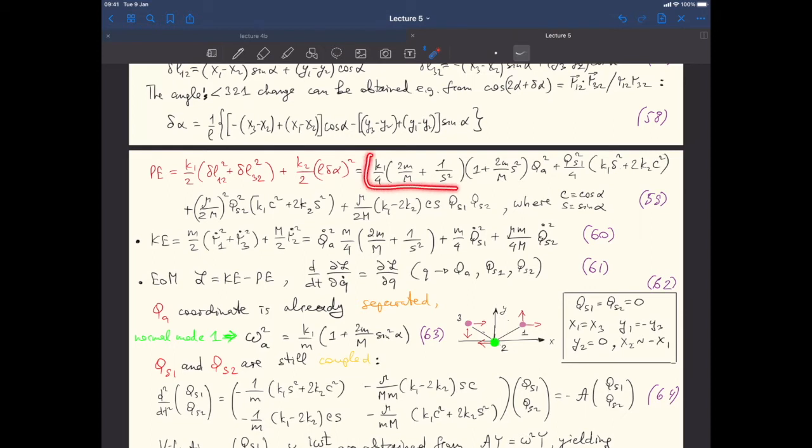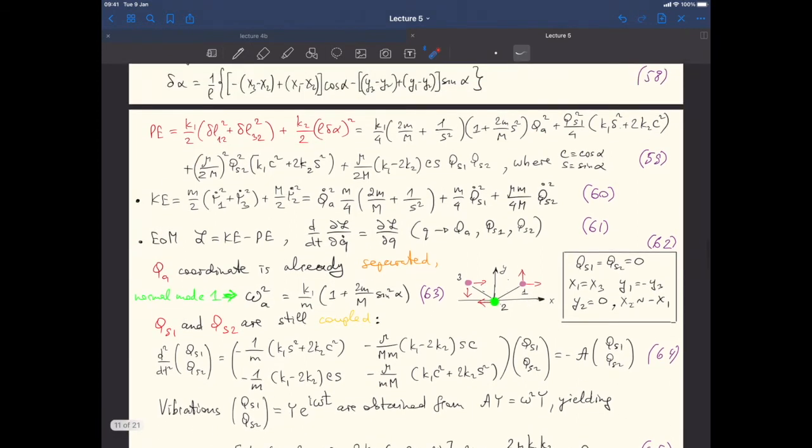And that term here, the prefactor to qa square, we can then interpret as elastic constant divided by 2. And therefore, you can immediately find the square of the vibrational frequency, which is this effective elastic constant divided by effective mass. So this is the vibrational frequency associated with the normal coordinate qa only.